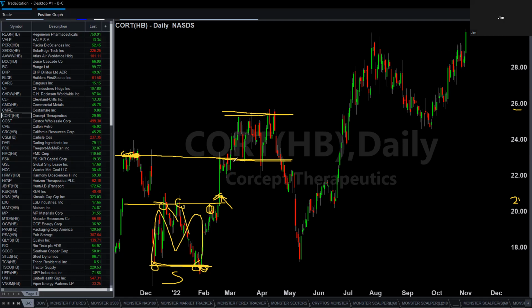Yes. Did it stop moving higher here and here? Yes. Did it stop moving lower here? Yes. So this is a tough area here. Remember, resistance becomes support. Tough area here, tough area here, tough area here.